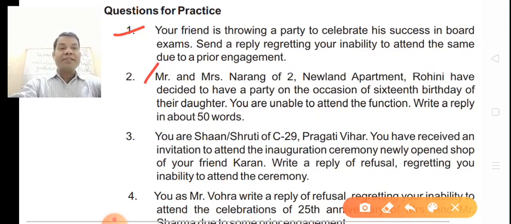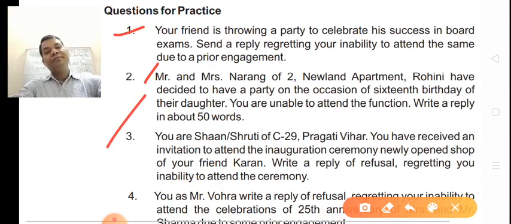Mr. and Mrs. Narang of 2 Newland Apartment, Rohini, have decided to have a party on the occasion of the 16th birthday of their daughter. You are unable to attend the function. Write a reply in about 50 words.